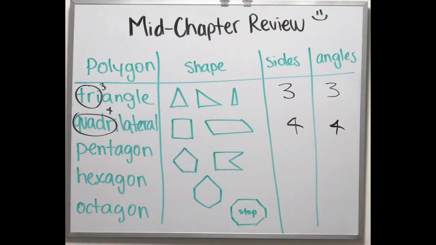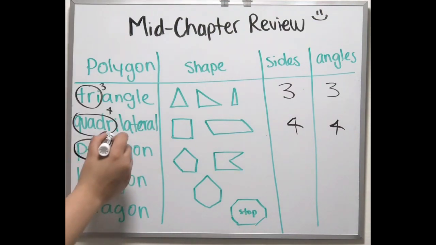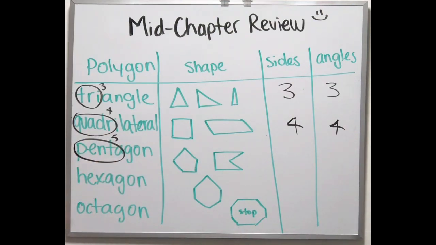And then we have the pentagon. Pentagon, I don't really have like a trick for penta. I mean, penta means 5. I think the easiest way to remember pentagon is just by saying the word pentagon, penta 5. That's the way I remember it always.